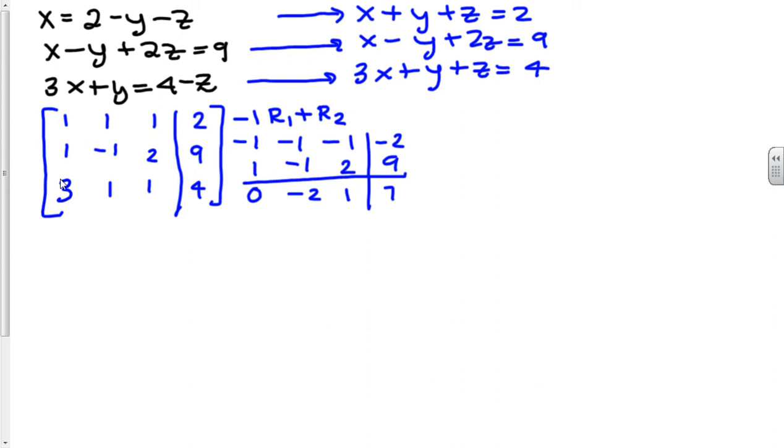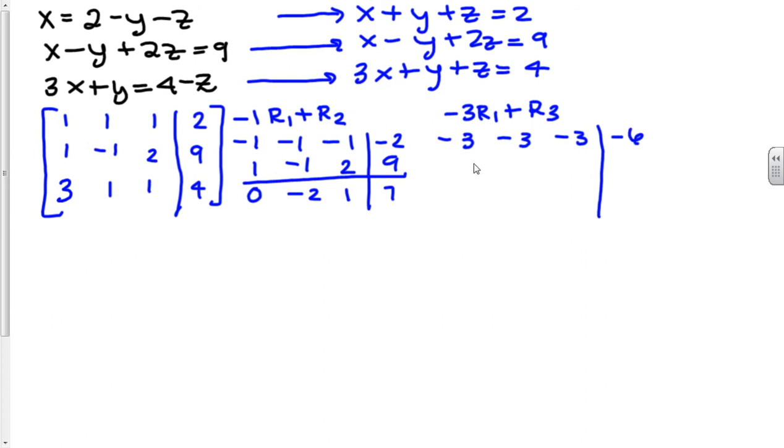I also want this 3 to be 0, so I'm going to do negative 3 times row 1 plus row 3. I'm going to do these two in one step to make our process a little bit shorter. So negative 3 times row 1 will give me negative 3, negative 3, negative 3, negative 6.